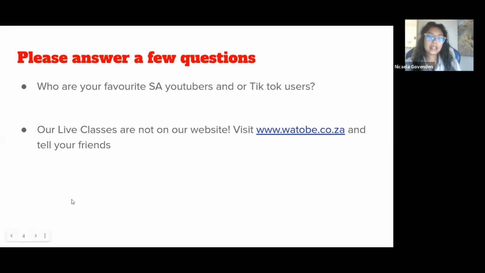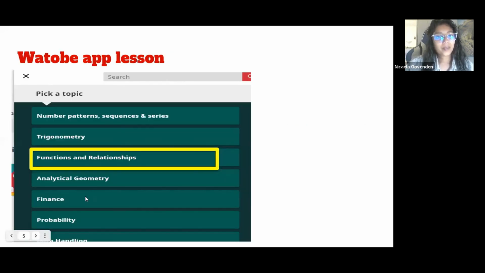I think I will then go to our homework. For the homework, it is going to be functions and relationships once again under your topic. You can scroll and search for the topic functions and relationships.